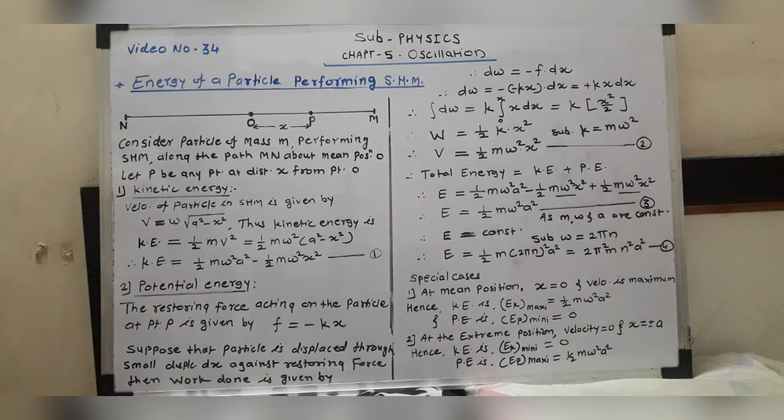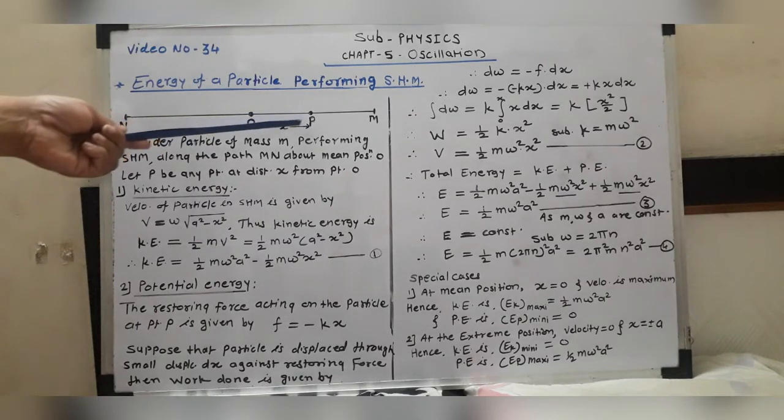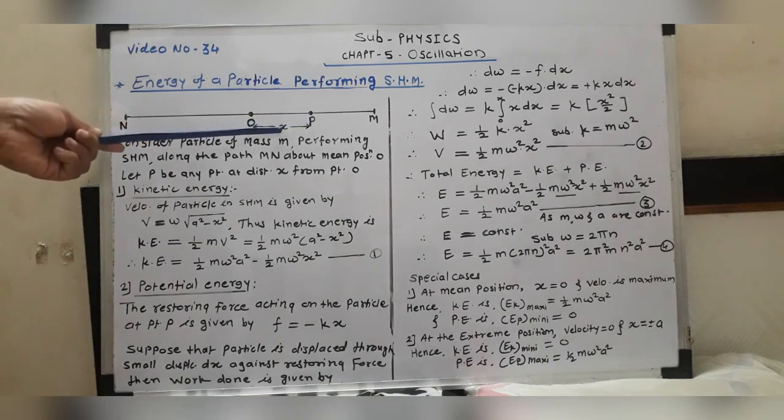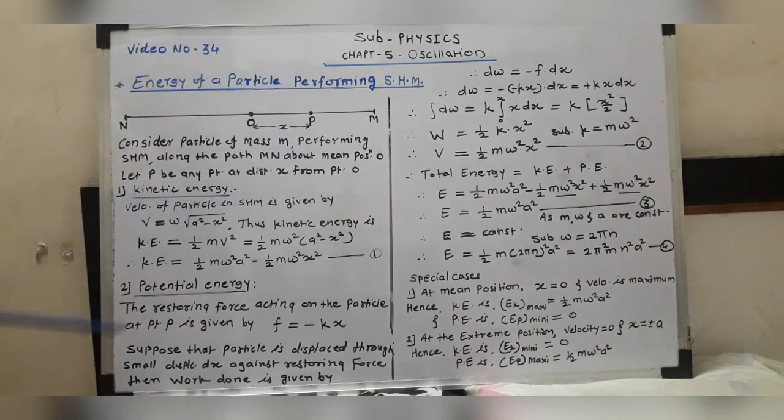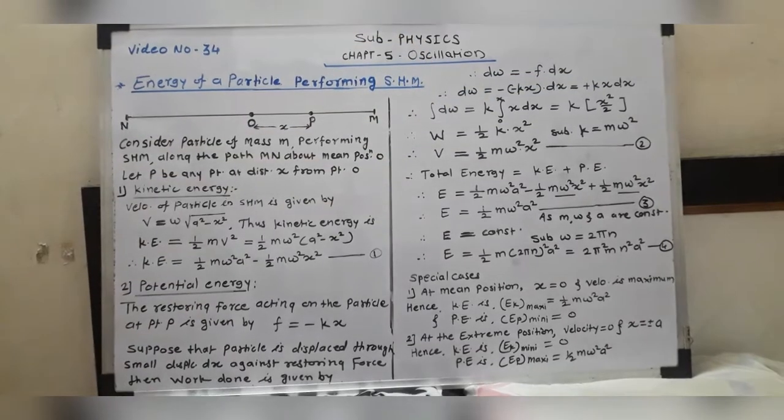And therefore, suppose the particle is displaced through a small, infinitesimal displacement dx against the restoring force, then there is work done. And this work done is given by dW is equal to minus F into dx, for a small infinitesimal displacement.